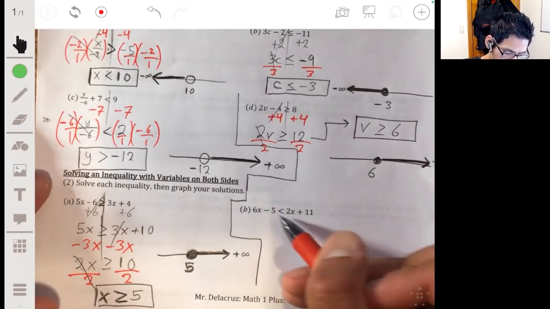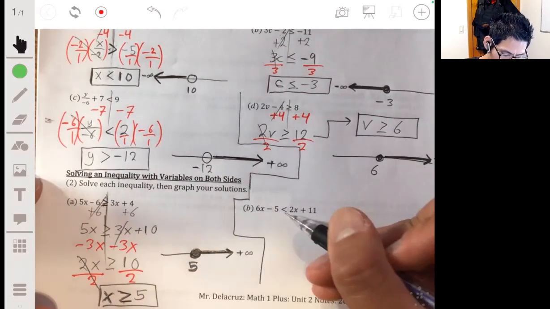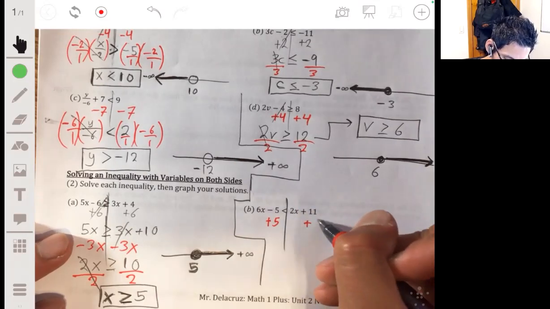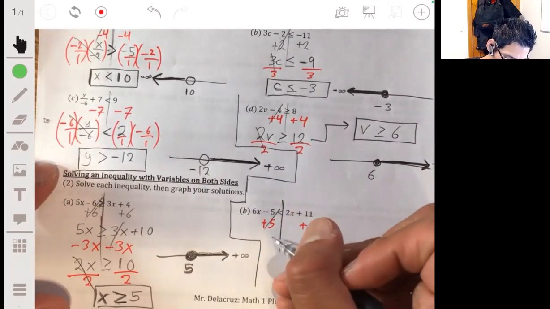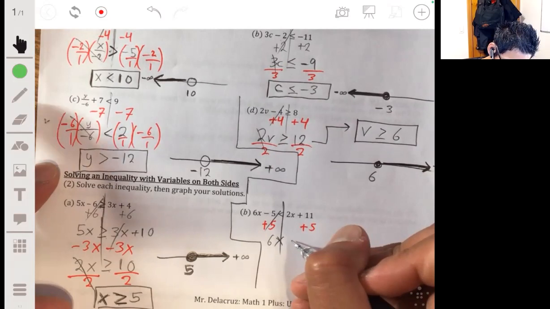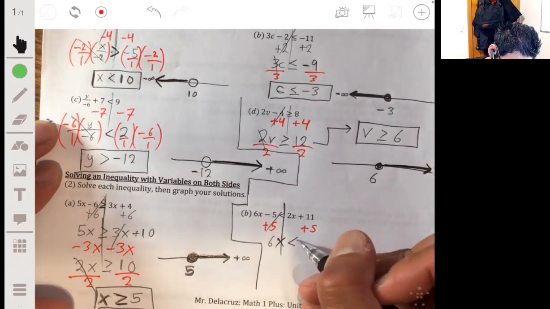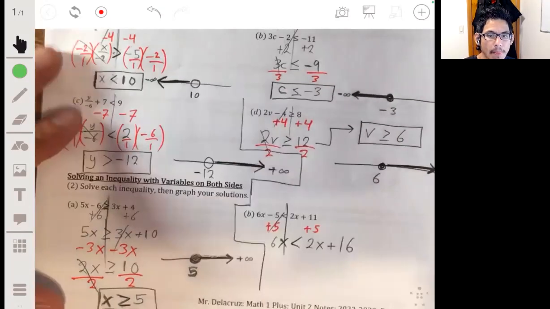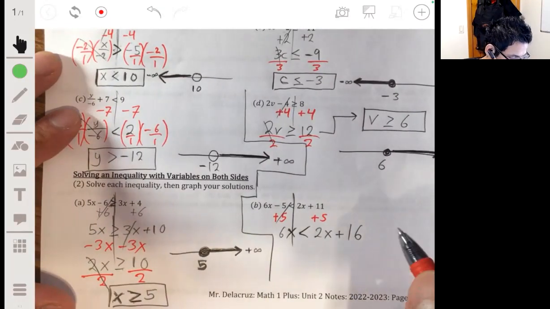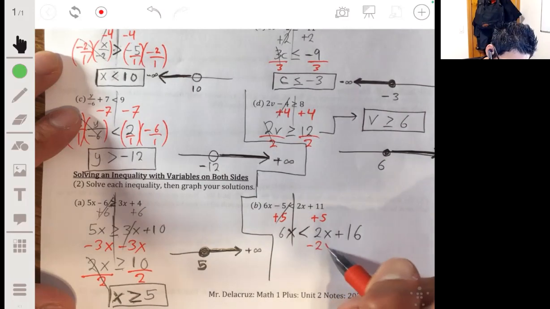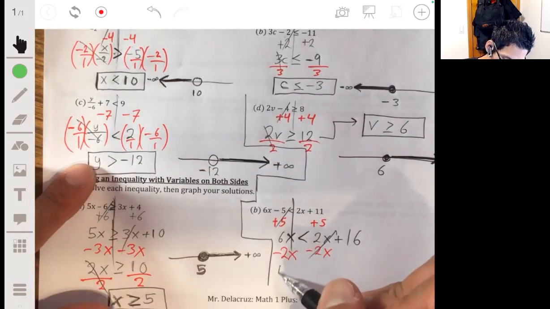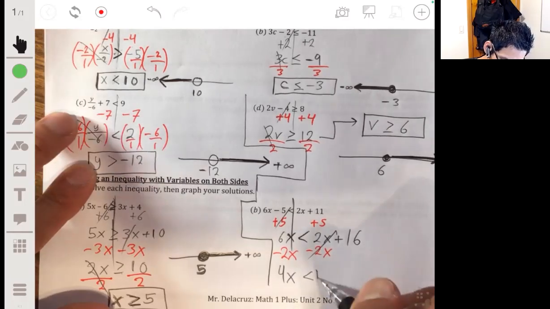All right, one more of these. Begin by, let's add 5 to both sides. And we'll go 6x is less than 2x plus 16. Take away 2x from both sides. 4x is less than 16.